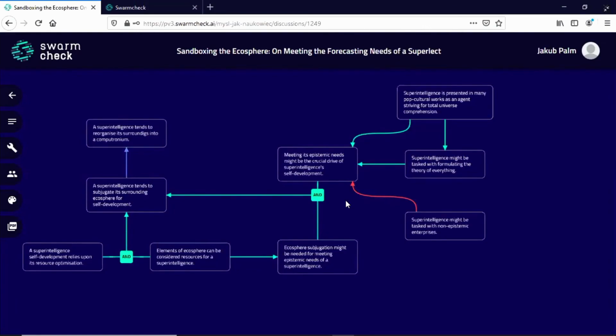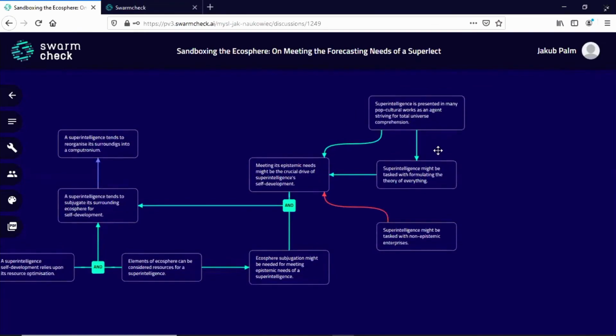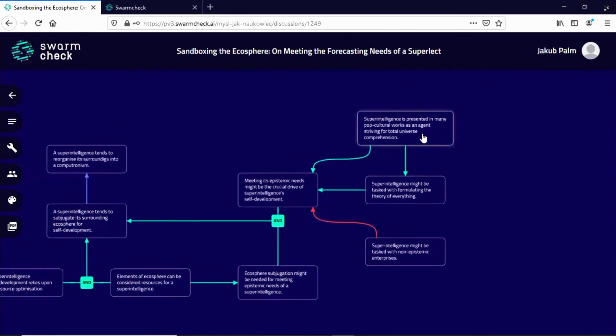It presents a supercomputer that was originally conceptualized as a military one, that eventually was interested not in any warfare activities, but in total universal comprehension, something that is pointed out in this thesis.